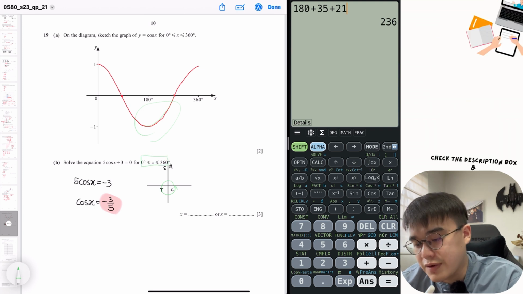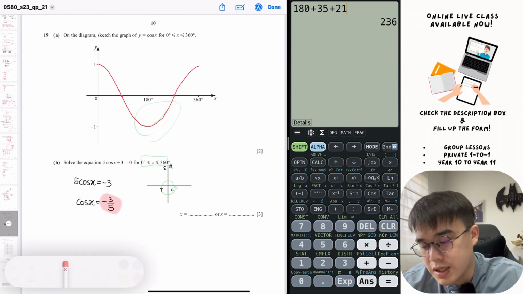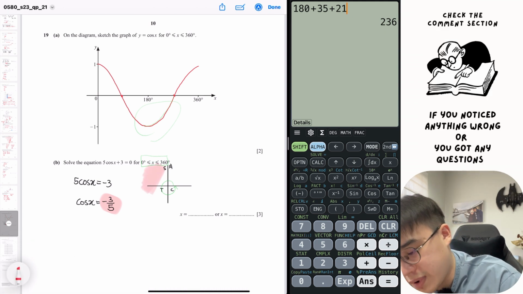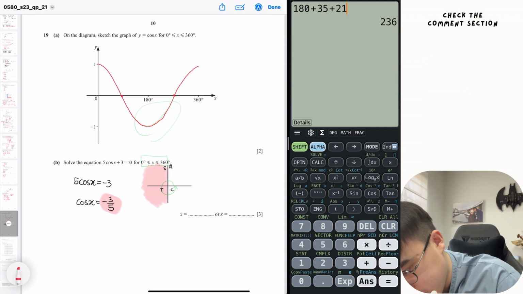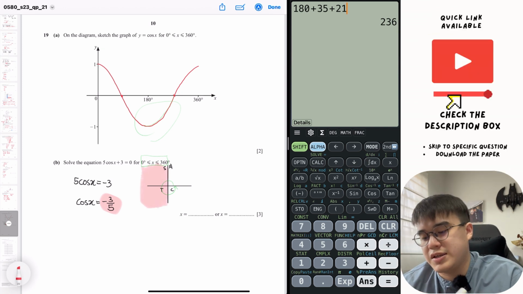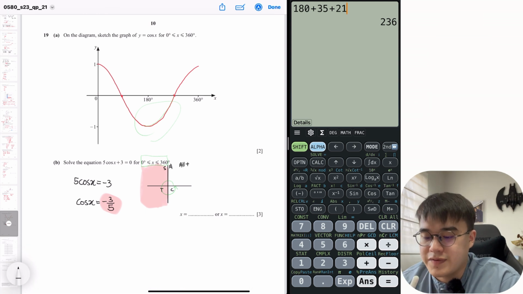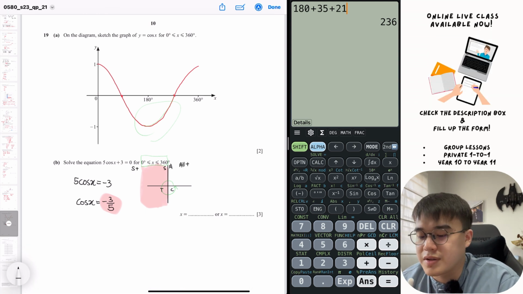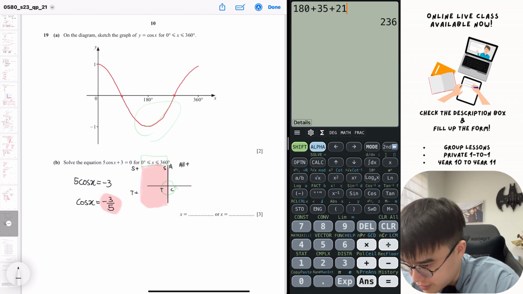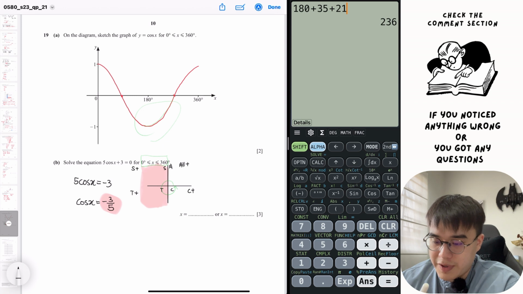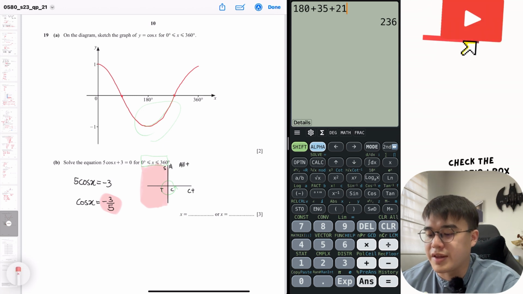And for cosine to qualify as negative, your answer will be appearing at sine and tangent part here. Because A stands for everyone, positive. S stands for sine is positive, the rest is not. Tangent positive here, cosine positive here. So cosine negative will be the part that I shaded in red.